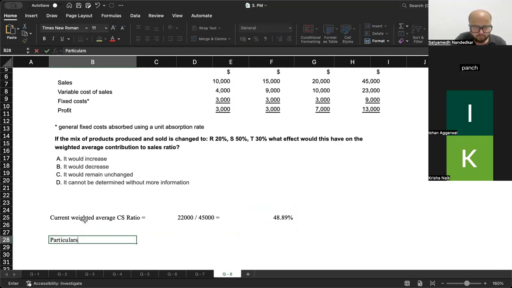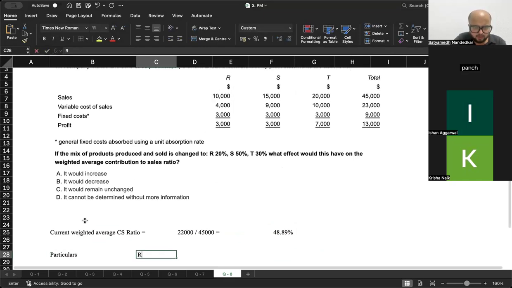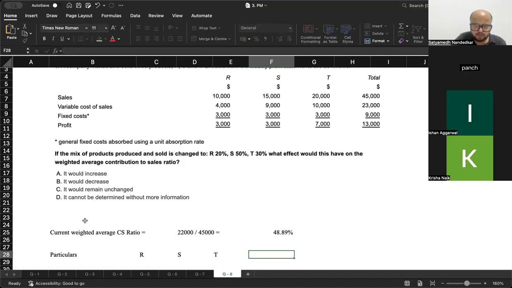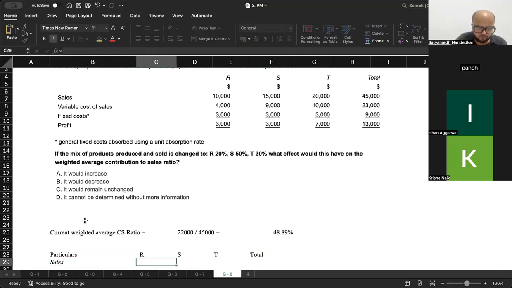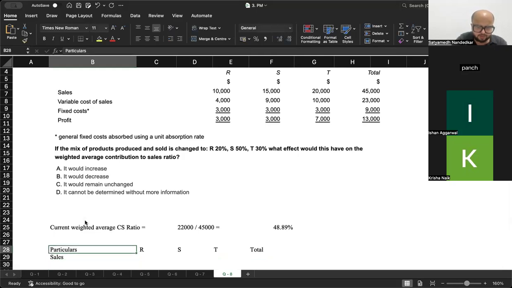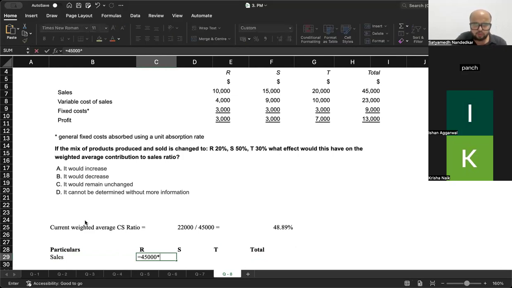R, S, T total sales. 45,000 into 20%, 45,000 into 50%, and 45,000 into 30%. Done?